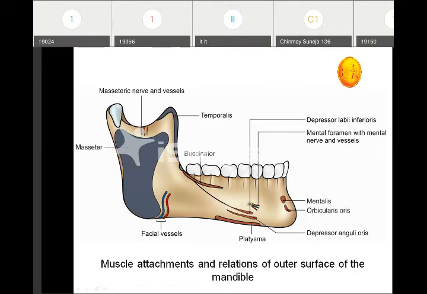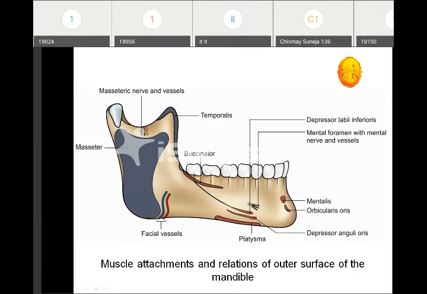You can appreciate the coronoid process, where near its apex and the whole of the anterior border, there is insertion of the temporalis muscle, whereas on the whole of the lateral surface of the ramus, there is insertion of the masseter muscle, except the posterior superior part where it is related to the parotid gland.